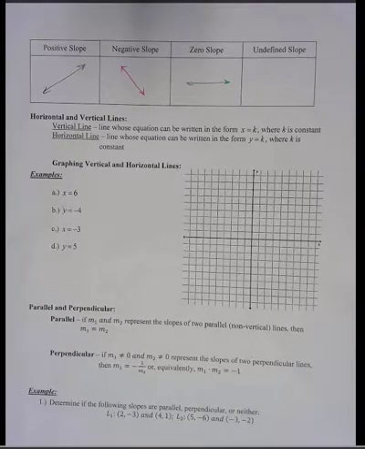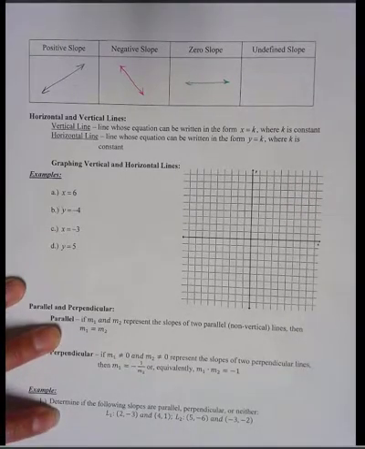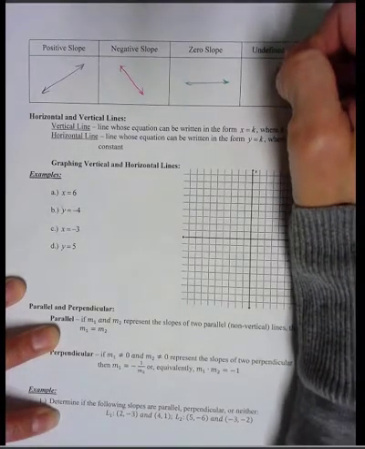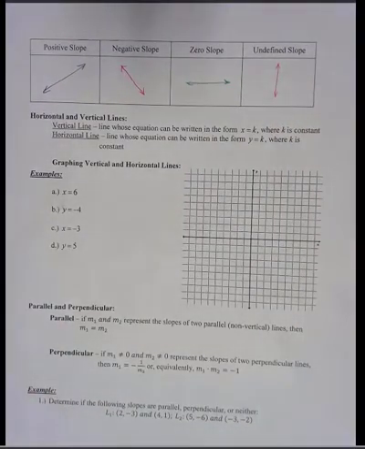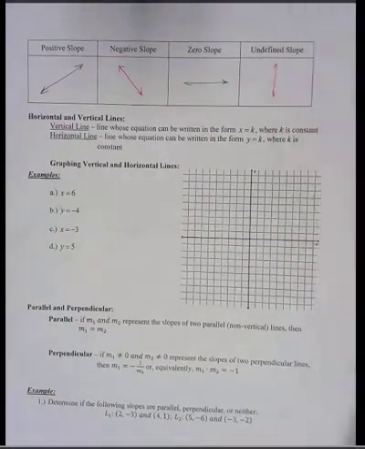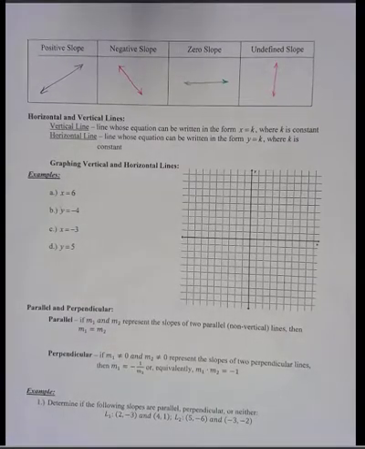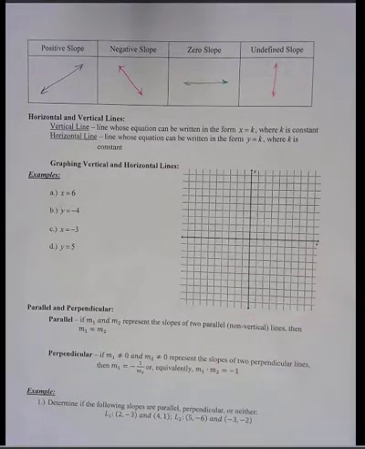We'll look at an example in just a minute so we can talk about how that has 0 slope. An undefined slope is a vertical line. This line is straight up and down. We'll look at some of those right here in just a moment.